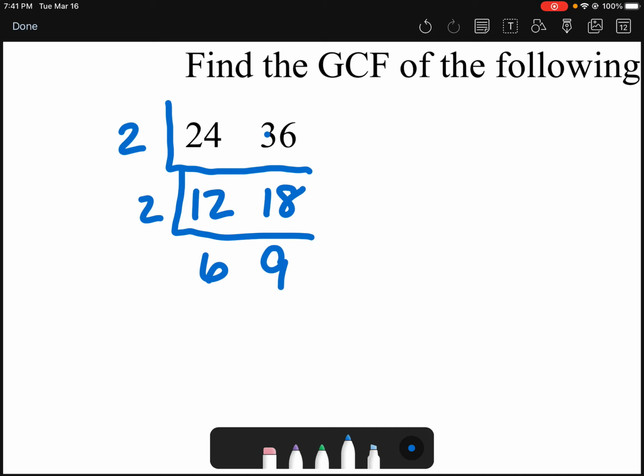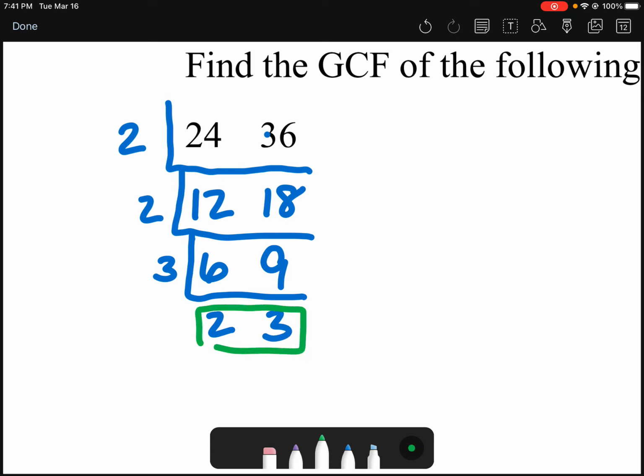Now I have the numbers 6 and 9. Is there a number I can pull out from those guys? And there is. I can pull out a 3. So I can do 6 divided by 3 now and get 2. 9 divided by 3 and get 3. 2 and 3 are prime numbers. So we're done. We don't have to go any further.